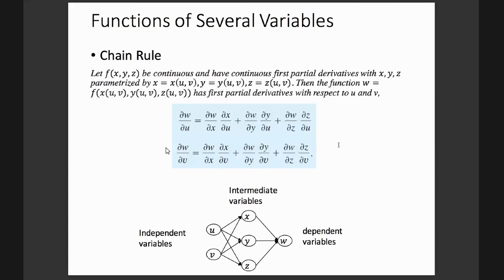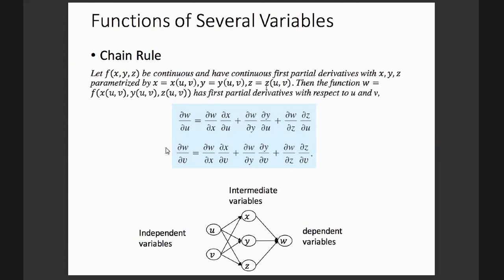In some cases, there are some intermediate variables in the function. For example, the function f is with respect to x, y, z, but they are intermediate variables, and x is a function of u and v, and also y and z.